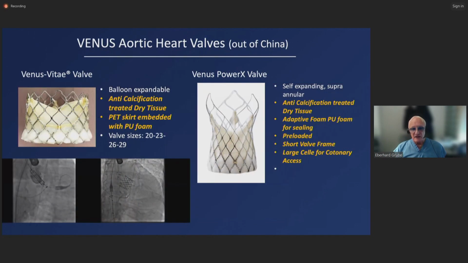The Venus aortic valves outside China, the VenusA-Vita valve and the VenusA-Power X valve, both valves have anti-calcification treated dry tissue, an adaptive foam PU for sealing. On the Venus Power, it's preloaded, has a short valve frame and large cells for coronary access.